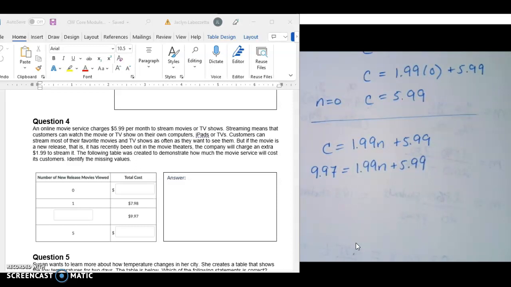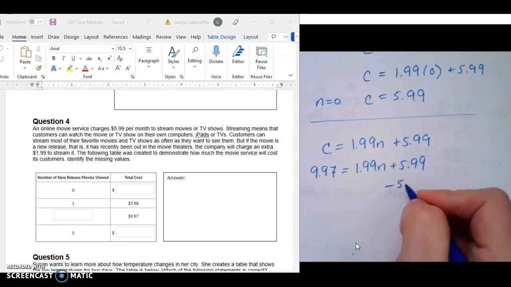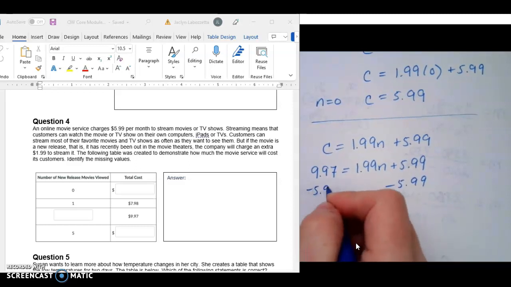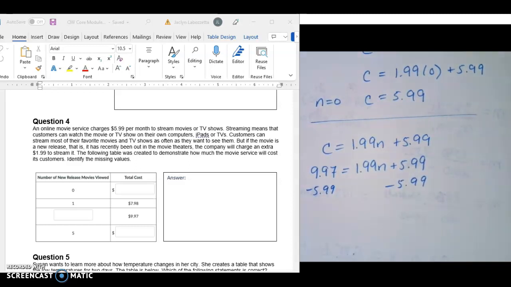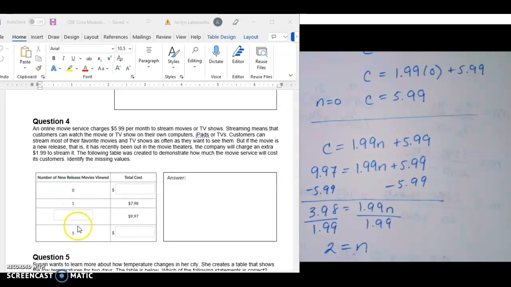So the first thing we will do is subtract $5.99 from both sides. This gives us $3.98 equals $1.99 times N. And we'll go ahead and divide by $1.99 on both sides, which gives us a value of 2 for N. So in the third row, this would be for 2 new release movies viewed.